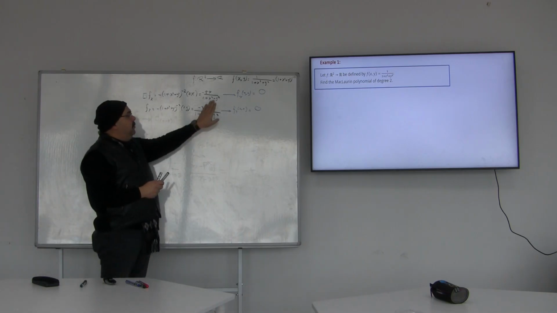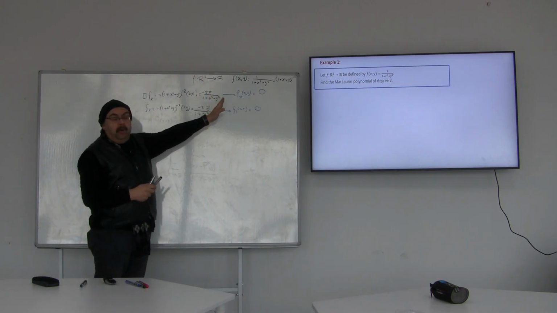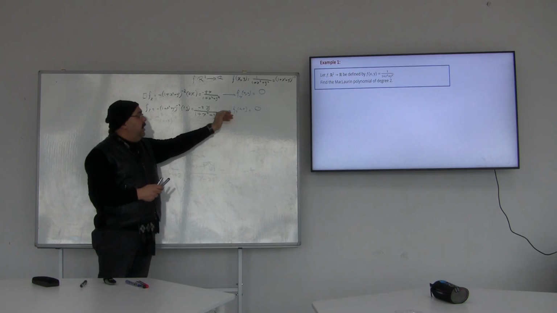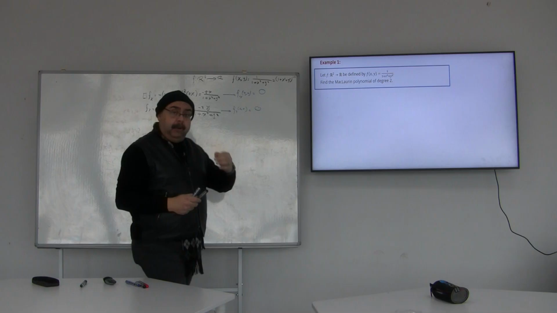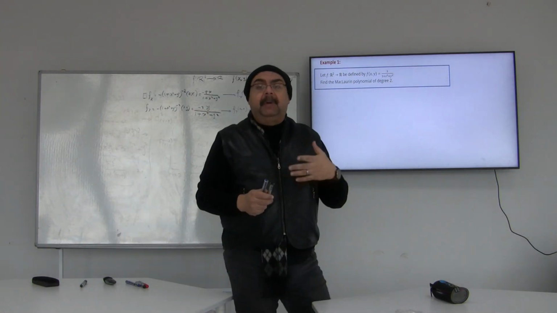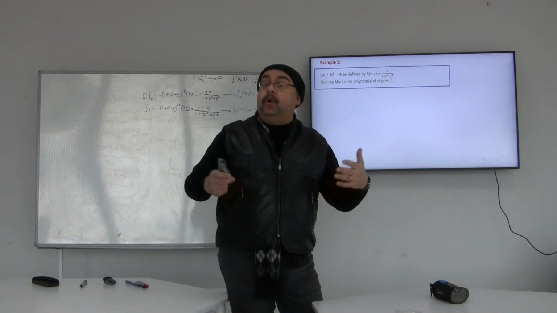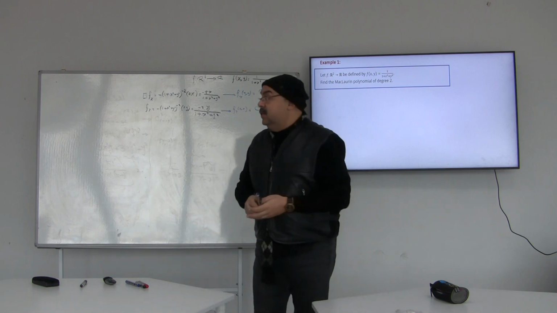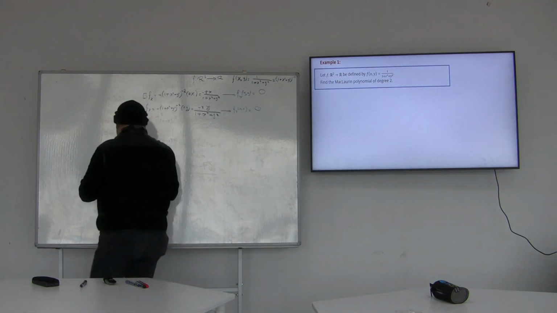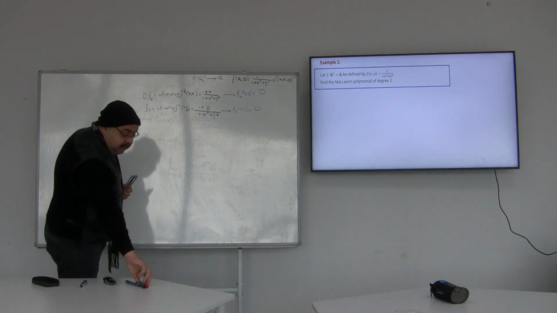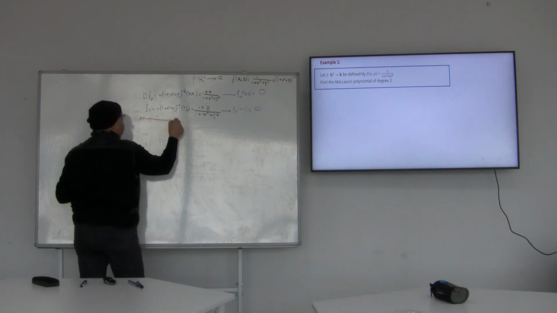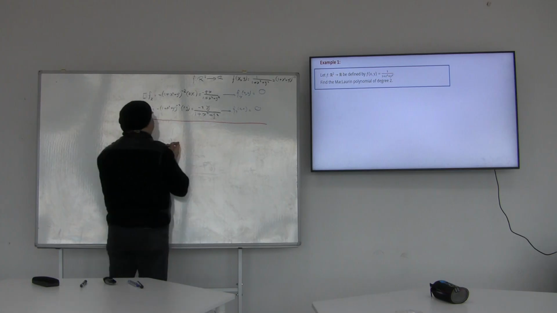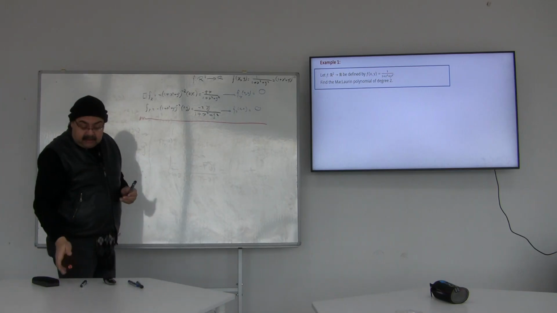So now I'm ready. I have f sub x at the point 0, 0 and f sub y at 0, 0. This is for a polynomial of first degree. But I need to find a polynomial of second degree, which means that I will need the second derivative. So for the time being, I will leave those as they are, and I will start to prepare for the second term.